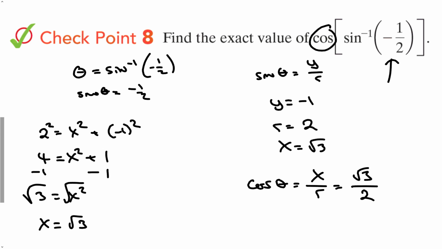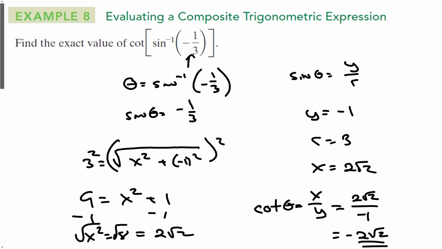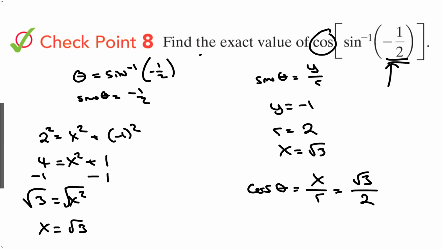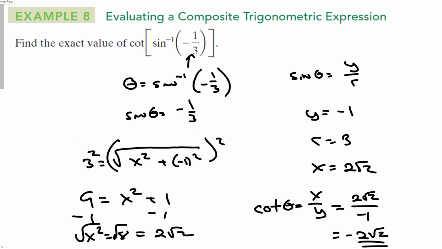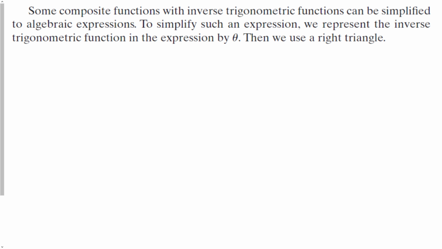And the cosine of negative pi over 6 is a positive radical 3 over 2. Okay, so you didn't even have to go through all that if you realize that this is part of the unit circle. You do have to do it here because 1/3 is not on the unit circle, and therefore we don't know the sine or the cosine off the top of our head.